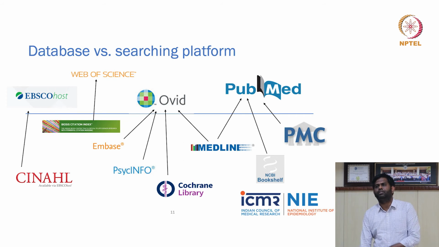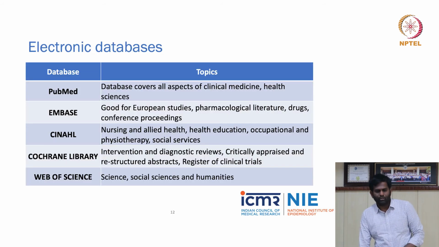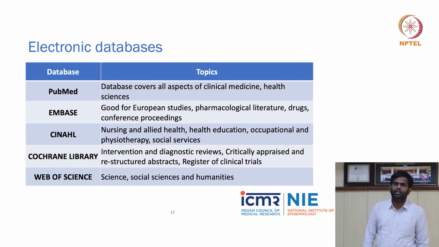So which database should we look for? Each of these databases has its own topics of interest. For example, PubMed covers all aspects of clinical and laboratory medicine, biomedicine, and health sciences. So in most of our searches, we will include PubMed as one of the literature sources.